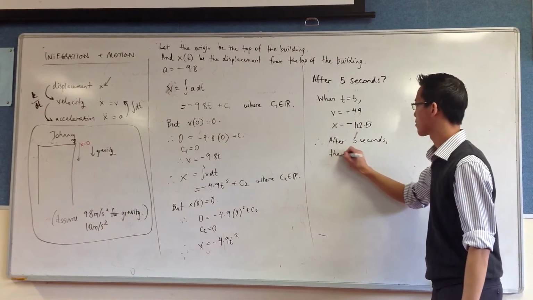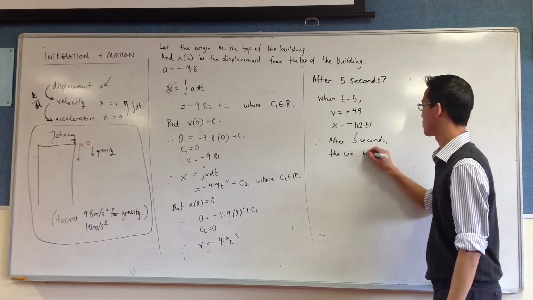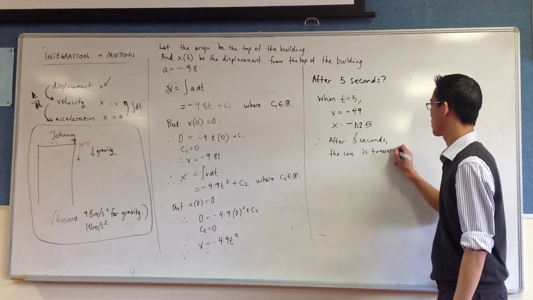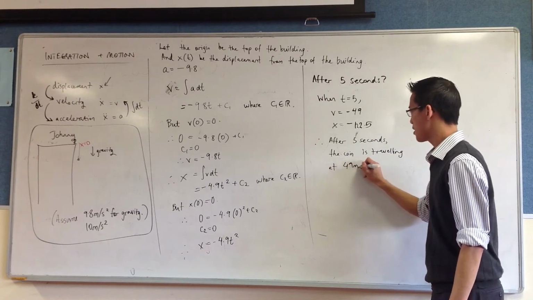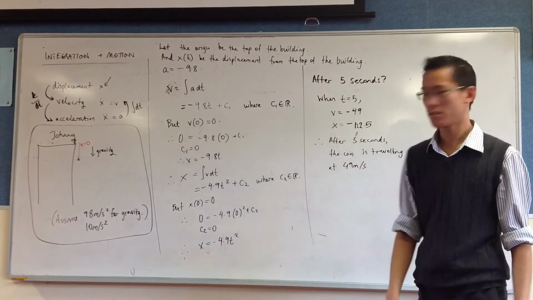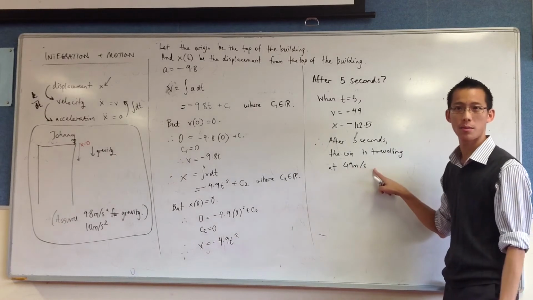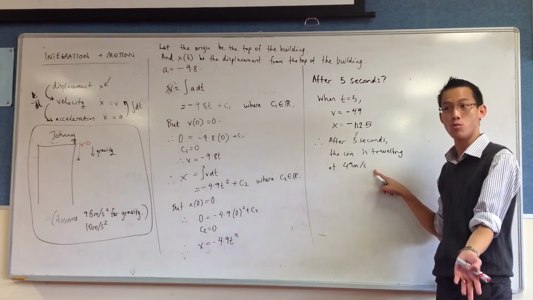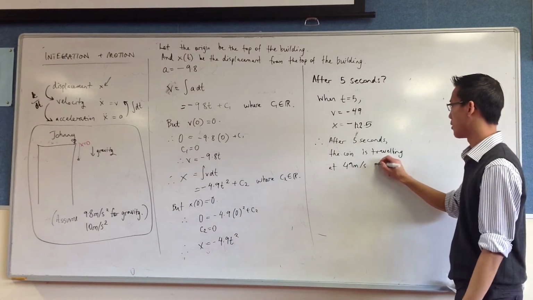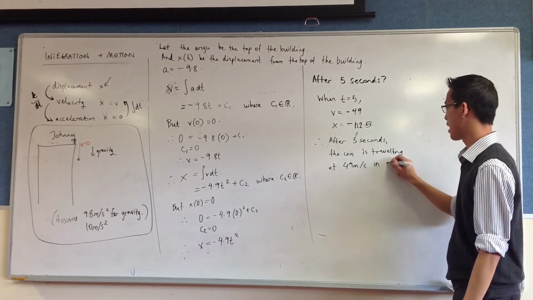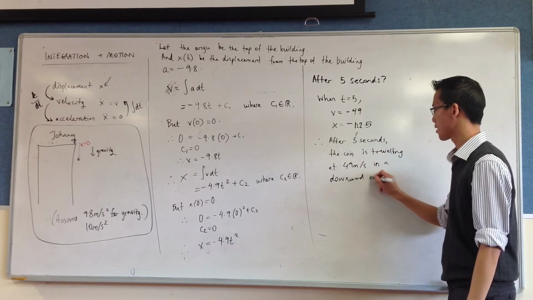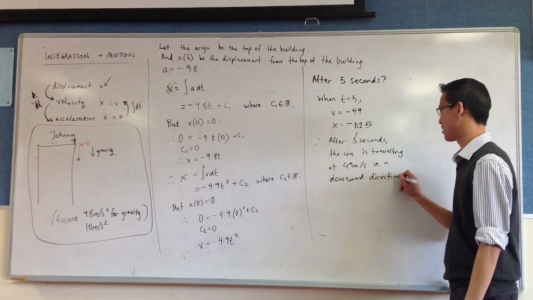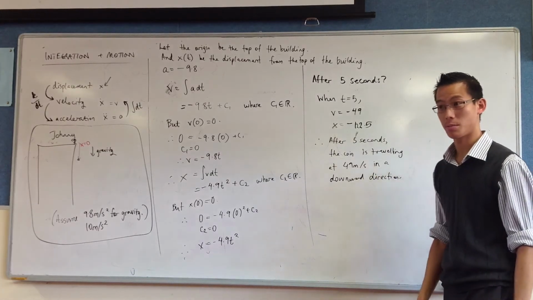The coin is traveling at 49 meters per second. Now, I prefer saying this in positive terms and then actually say the direction in words, okay? In a downward direction.